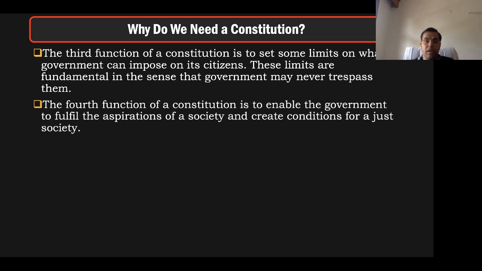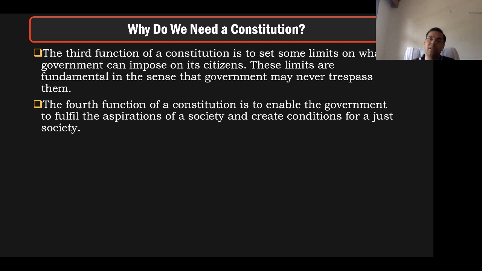The fourth function of a constitution is to enable the government to fulfill the aspirations of a society and create conditions for a just society. Constitution enables the government to fulfill the aspirations of a society. I'll again give you an example.